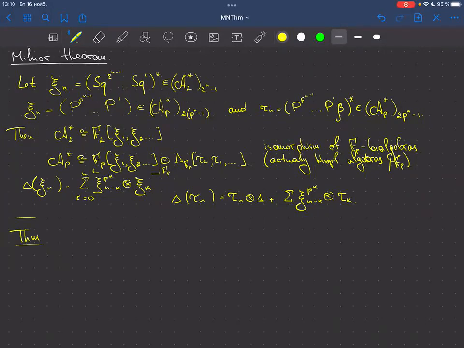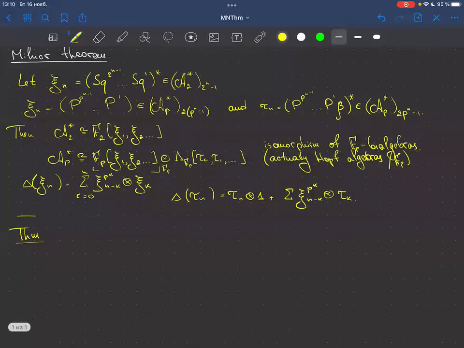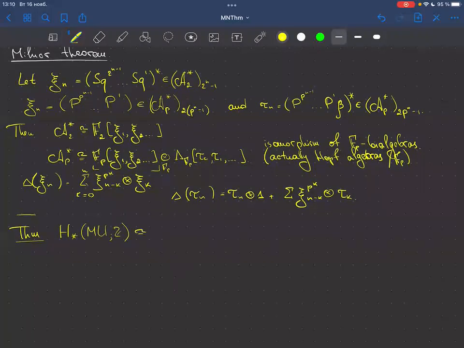First of all, it is not so hard to prove that the homology of the MU spectrum with integer coefficients is a free polynomial algebra with one generator in each even degree.